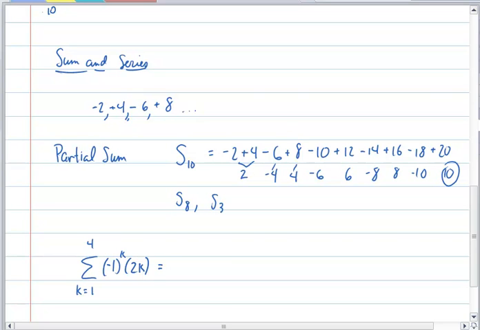For each one I would first do k equals 1, and that would be -1 to the first power times 2, plus -1 to the second power times 2 times 2, plus -1 to the third power times 2 times 3, plus -1 to the fourth power times 2 times 4.